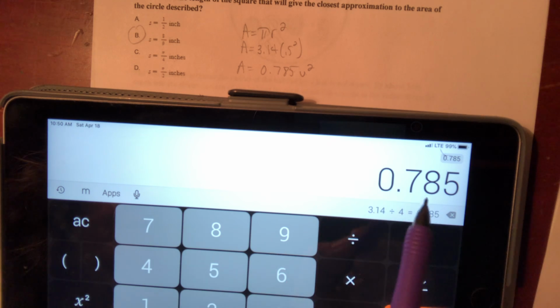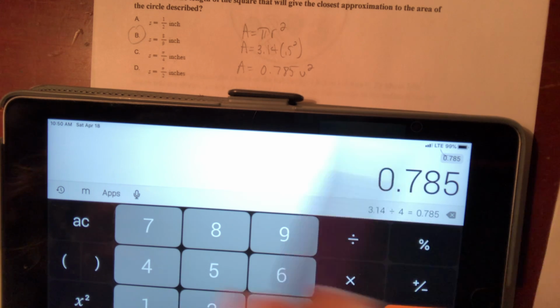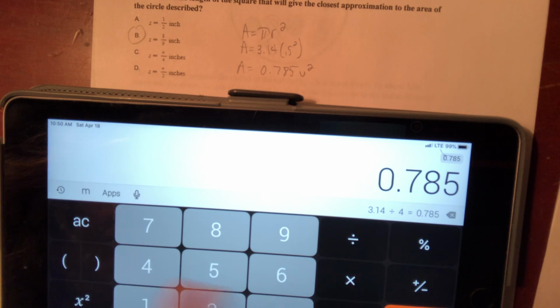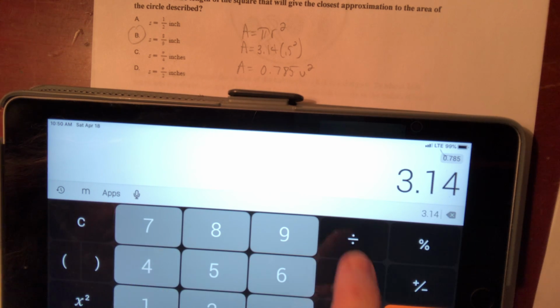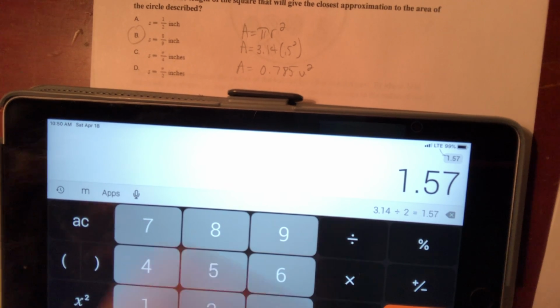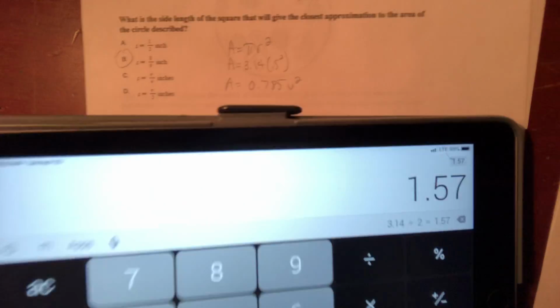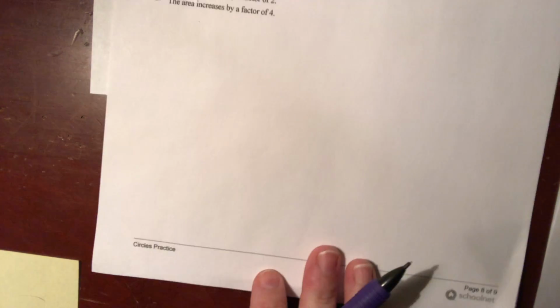Actually, that's not right, because that is just a side, and if I multiply that by itself, it's going to be too big. And pi divided by 2, 3.14 divided by 2, is 1.57. That's too big. So I'm thinking the answer is B. Let me take a look at the answers. It is B. We got it right. Yay. All right. Next one.